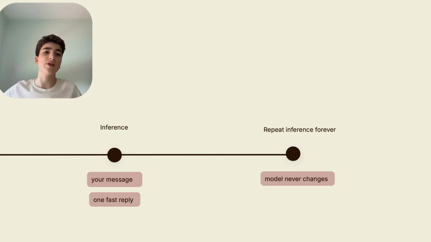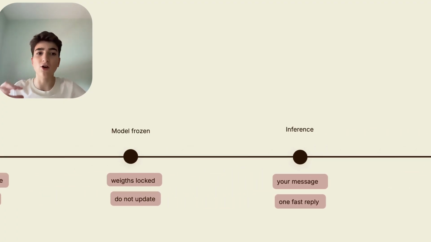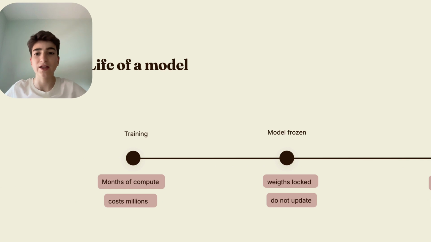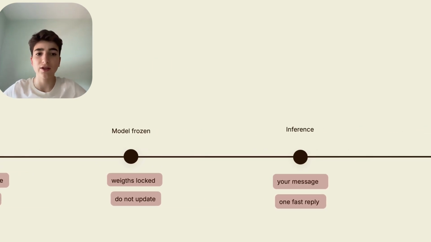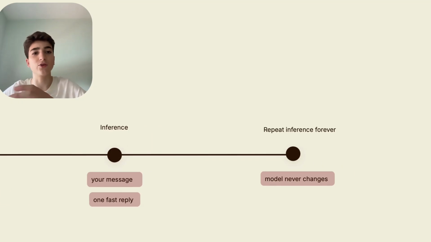And they repeat that inference forever. So that model never changes. It doesn't learn from your conversation in real time. No, that doesn't happen, because the only part where it learns is the training phase, and it's the first one. Then they freeze it, they run inference, so you can use it, and it repeats that inference forever.